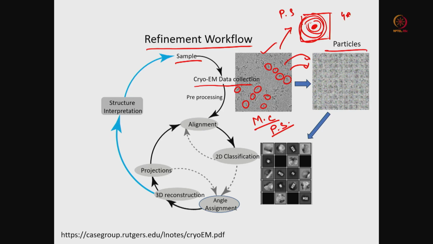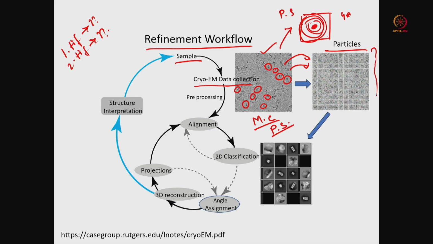So, these are called the particles. I already told you there will be a first image, then a second image, and in all cases we will pull out the particles. A different number of particles will be there in each individual image, and then we have to save them and make a stack.